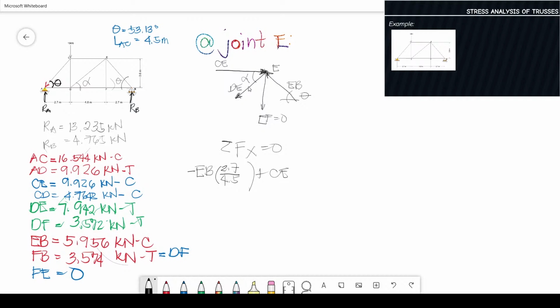Then, we have DE. DE, so, diba, DE alpha. So, angle opposite is also alpha. Please review that on your trigonometry. Okay? So, we need the horizontal component of DE.